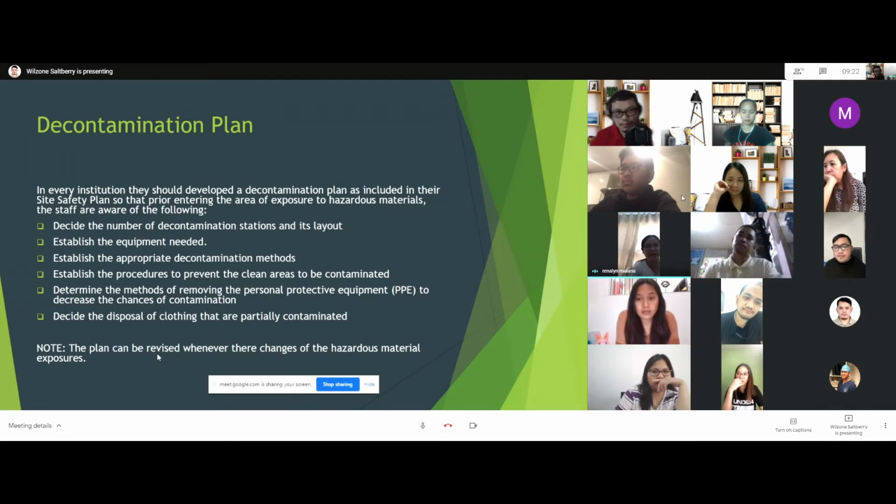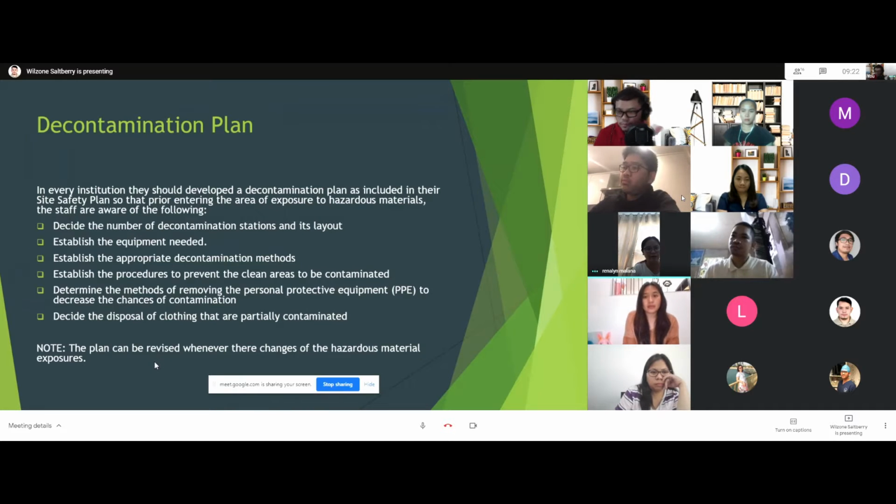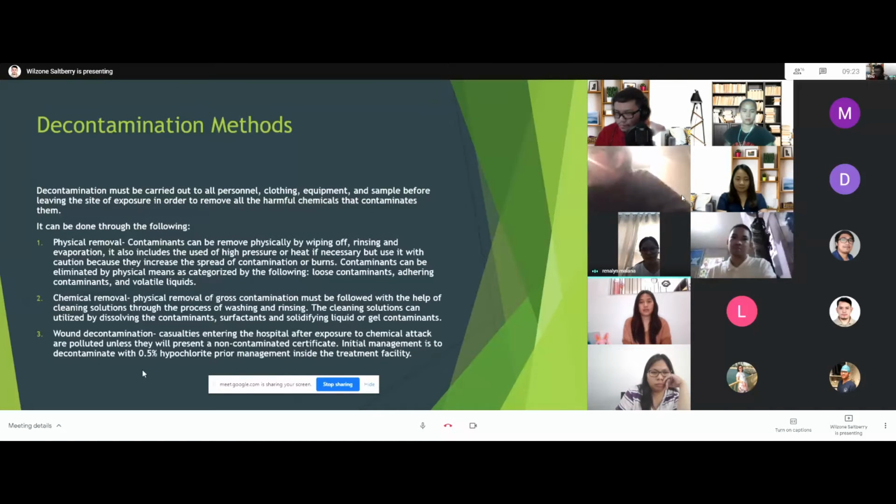Prior to entering the area of exposure to any hazardous materials, the staff should be aware of the following: decide the number of decontamination stations and their layout, establish the equipment needed, establish the appropriate decontamination methods, establish the procedures to prevent the clean areas from being contaminated, determine the methods of removing the PPE to decrease the chances of contamination, and decide the disposal of clothing that is contaminated. This can be revised whenever there are changes of any exposure to hazardous materials.